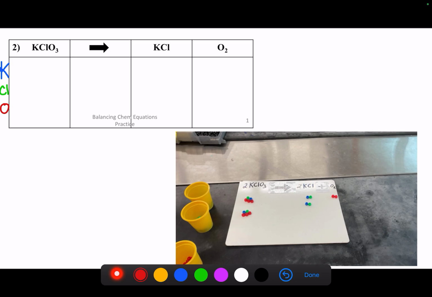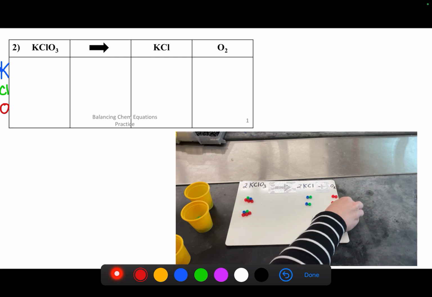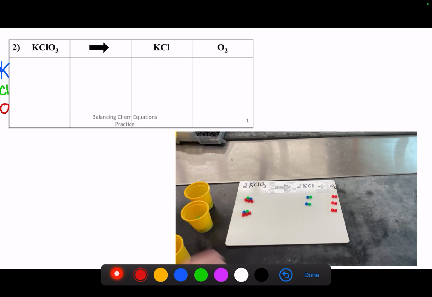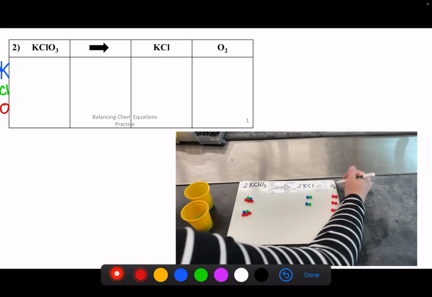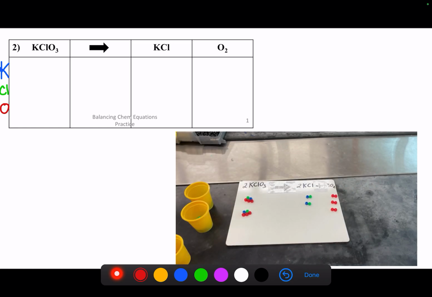And then to get to 6 for the oxygen, I'm going to build 2 whole more sets of each, so that I have 3 sets total. And I'm going to put a 3 as my coefficient.